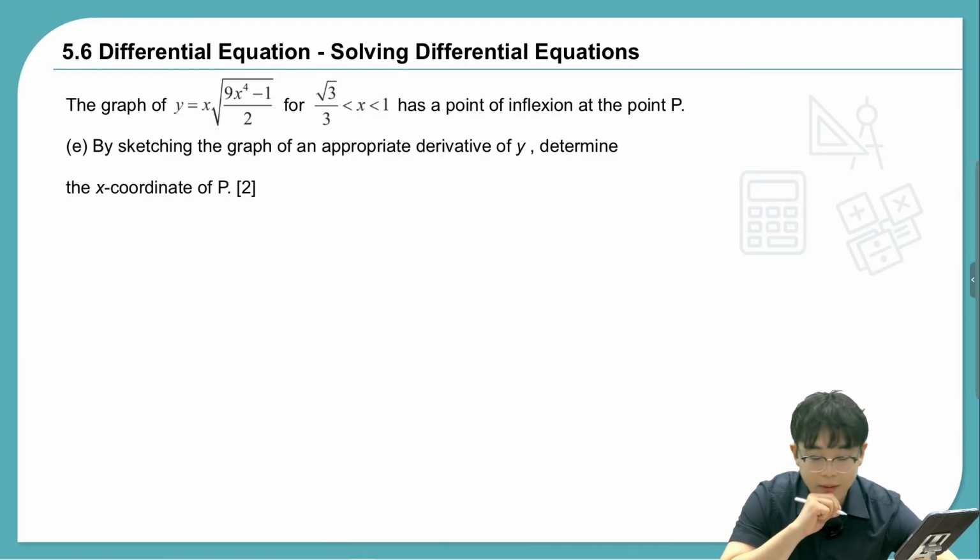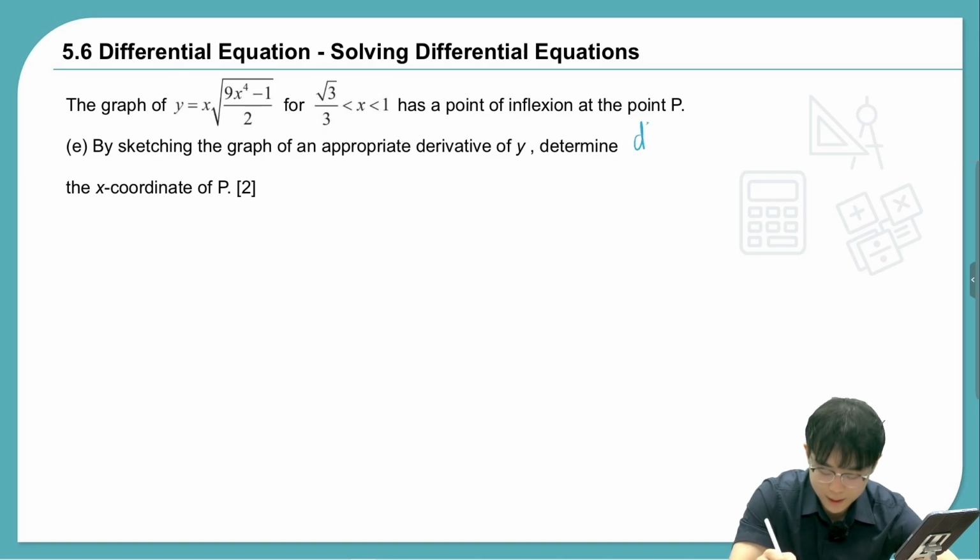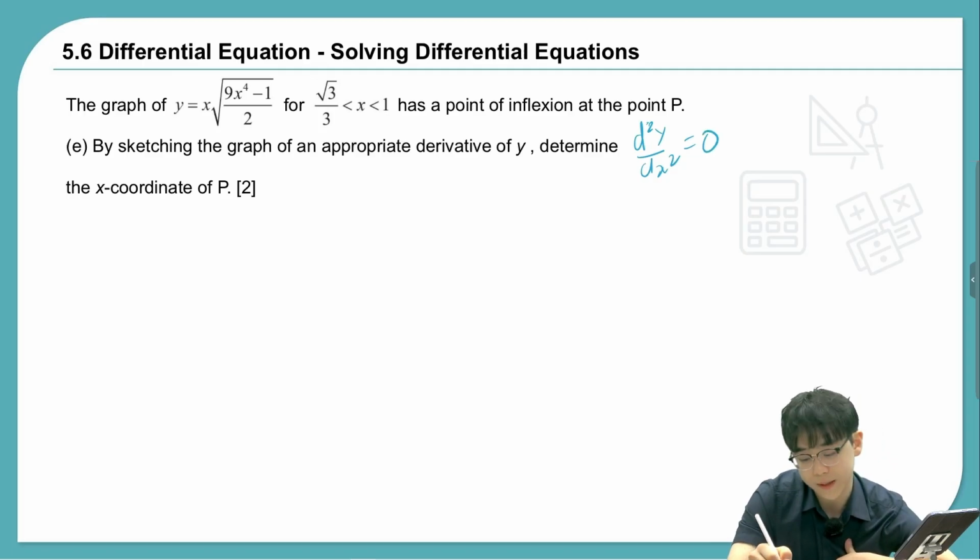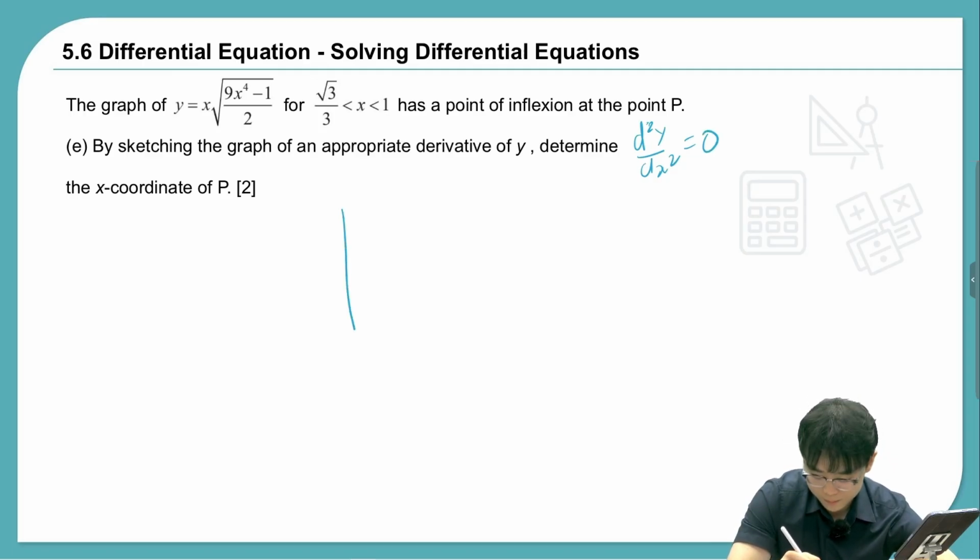So what we have here is a point of inflection at point P. So at d squared y over dx squared equals 0, that's where the inflection would happen. Or we could just plot dy over dx and x.